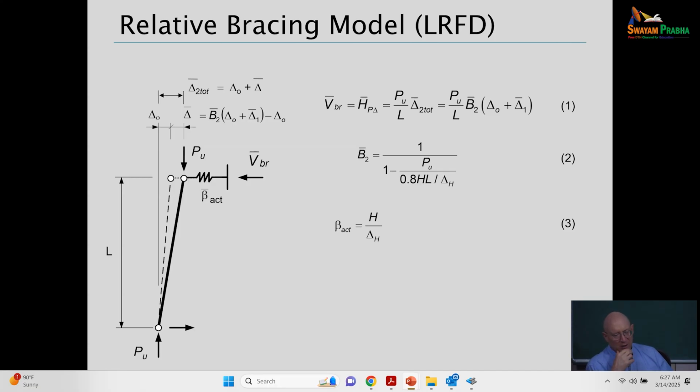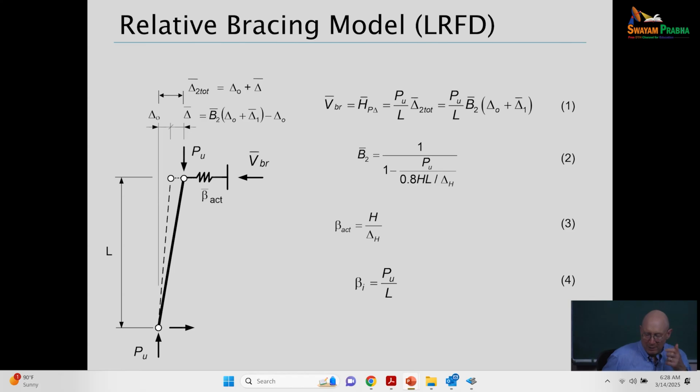And you can see I'd already labeled there on the graphic a beta bar ACT for the actual bracing stiffness, but reduced. The bracing stiffness unreduced, we're going to say here, is H over delta H. Okay? So that's a little bit different than the P sub L. P sub L was H divided by delta H over L, right? Here beta actual is the H over delta H.